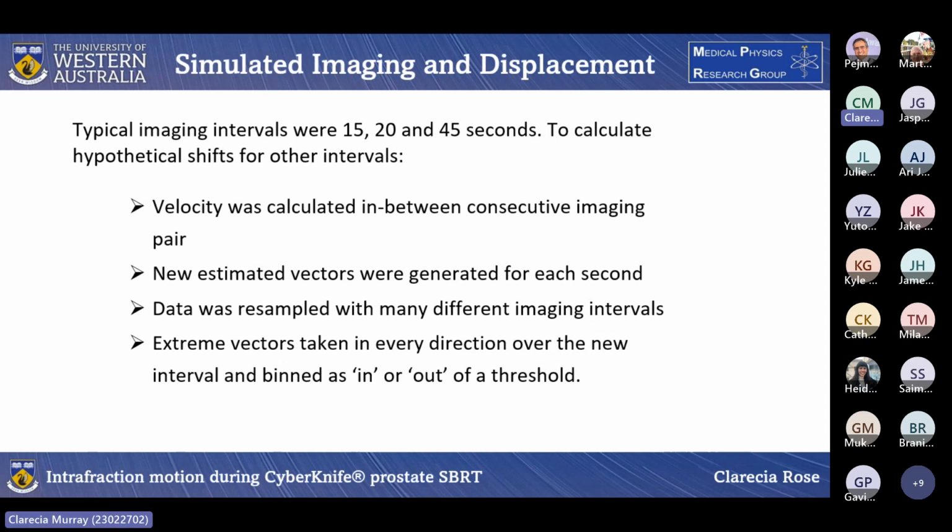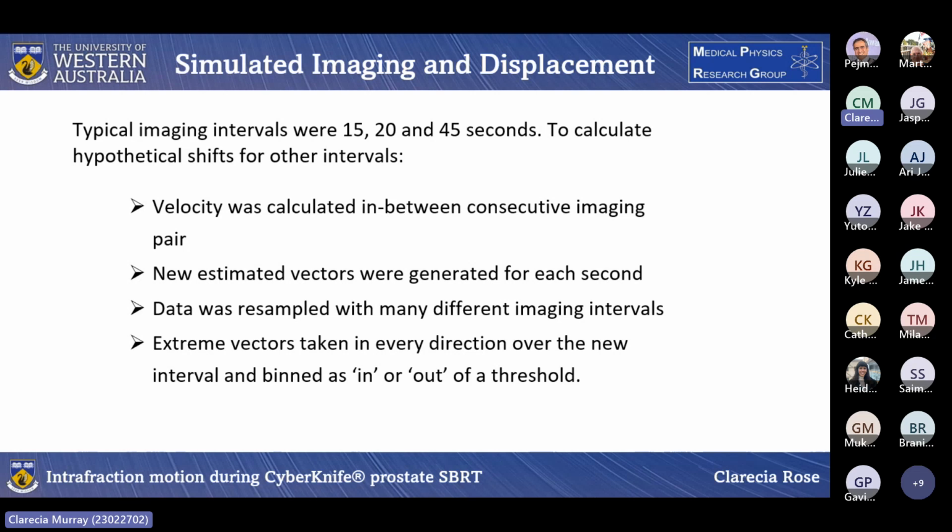So typically, the imaging intervals are 15, 20 to 45 seconds. However, this restricts us to only being able to study these if we only look at the raw data. So the velocity that you saw in the previous slide was calculated in order to estimate the positions that occurred between each consecutive imaging interval.